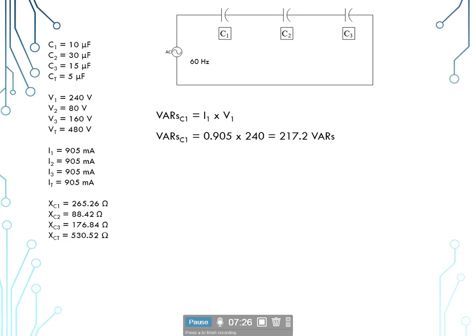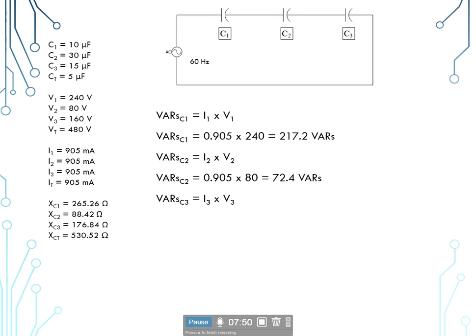And so we come out with the 905 milliamps times 240 volts, giving us 217.2 VARs. VAR sub C2 is equal to I sub 2 times V sub 2. So our 905 milliamps times 80 volts will give us 72.4 VARs.